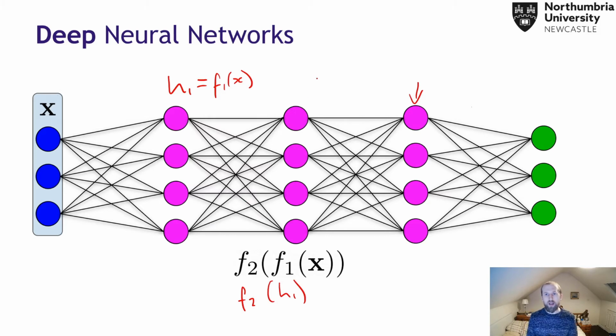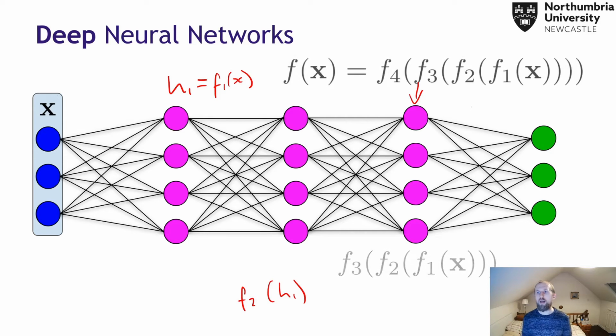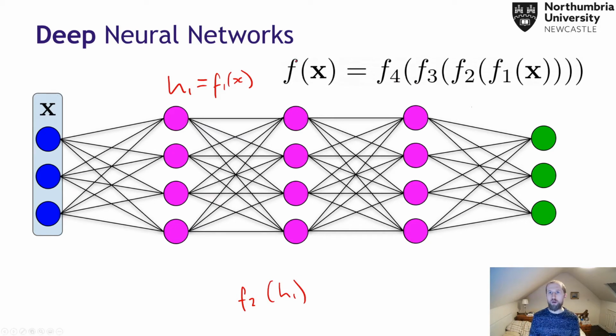So for this layer, you're just considering the vector that you get at this stage as your new input. And then you do the same thing for the next layer. And then finally for your output layer, you have this f4. And that's your full neural network now. So your neural network f of x is just a culmination of all of these layers. So exactly the same as what we've already seen. We just have more of the same, basically.